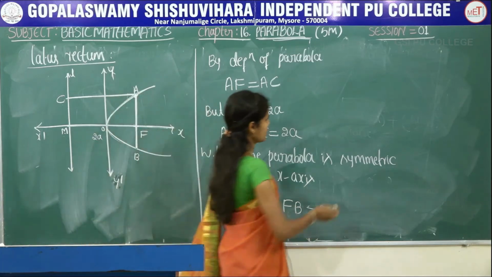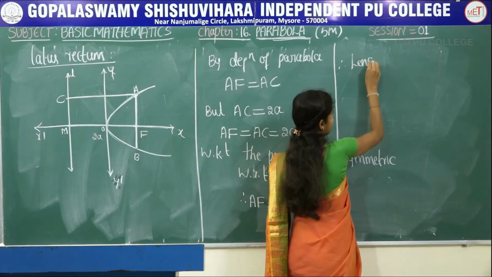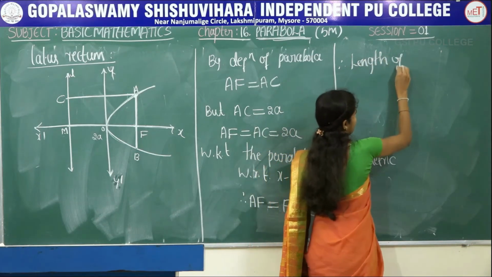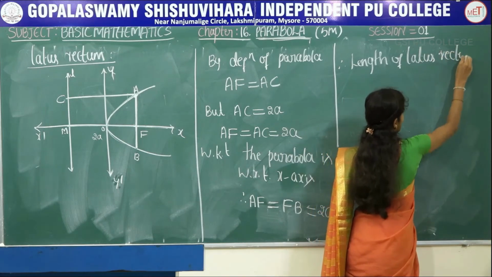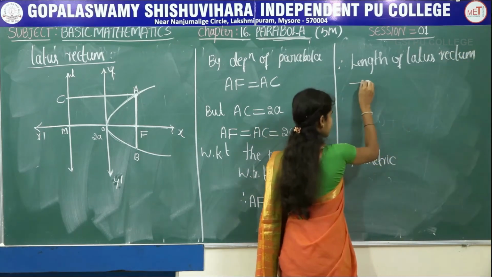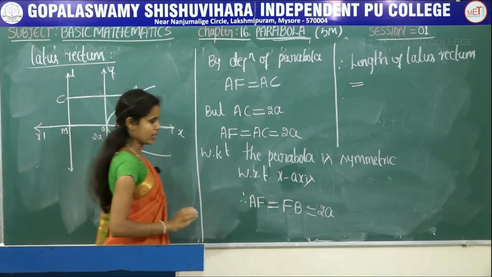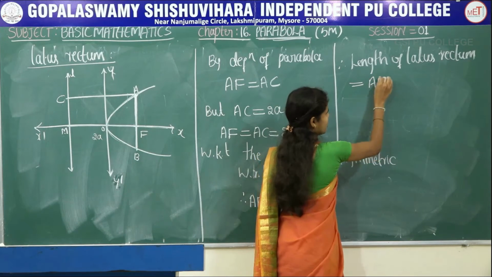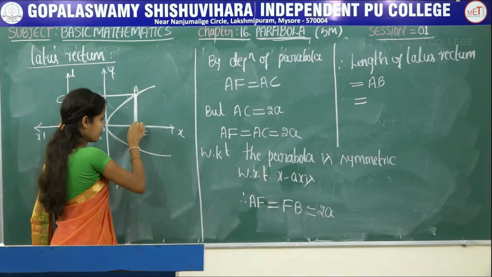Okay, next. Therefore, the length of the latus rectum is equal to AB. AB can be written as AF plus FB.